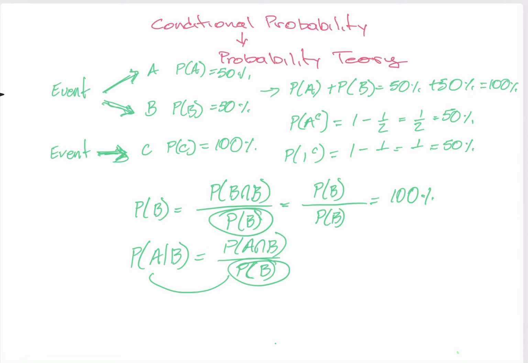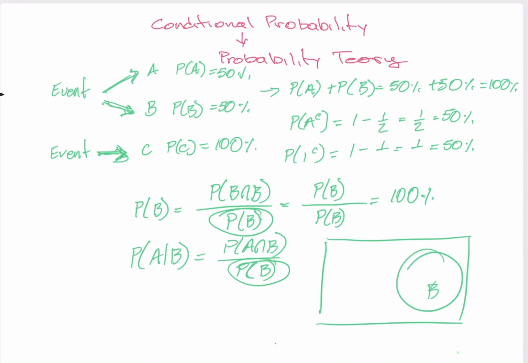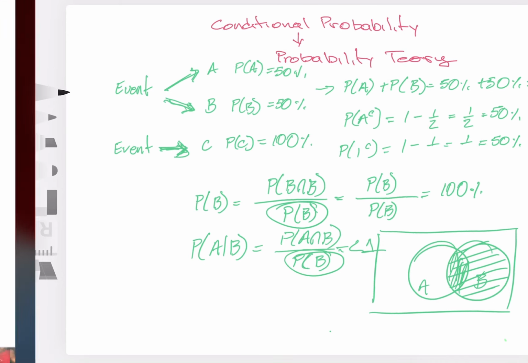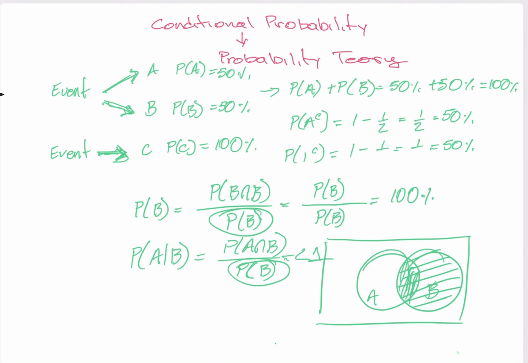So I have B and I have A. The probability of B is this. The probability of A given B is only this part, which is less than 1, that is 100%, unless A is equal to B.